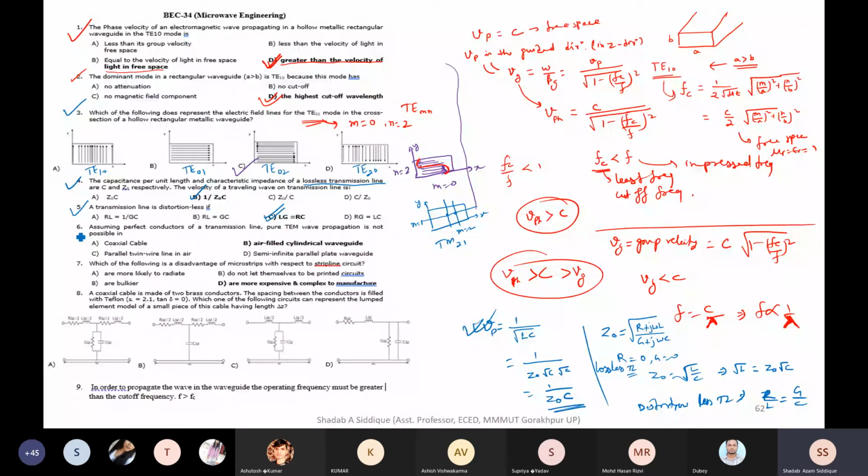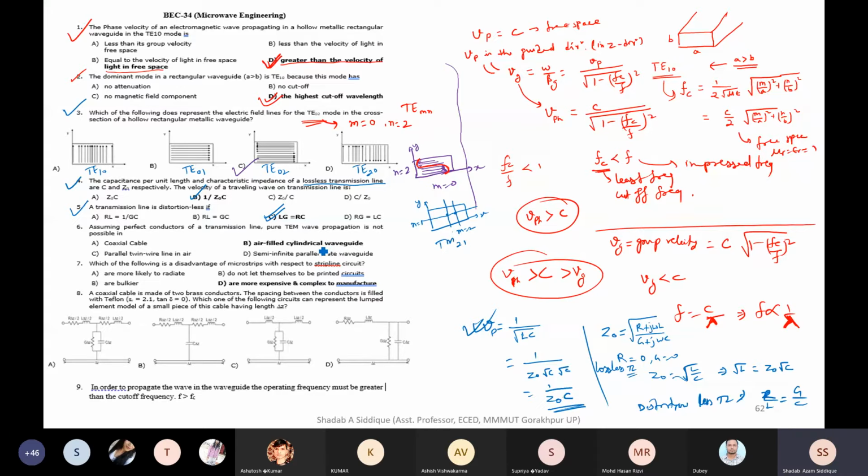Now next, assuming a perfect conductor of a transmission line, pure TEM wave propagation is not possible in which type of transmission line? So I already told you a waveguide is also a type of transmission line.